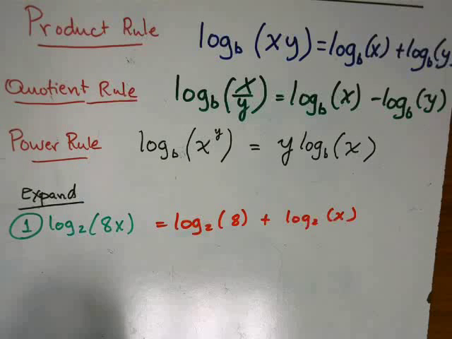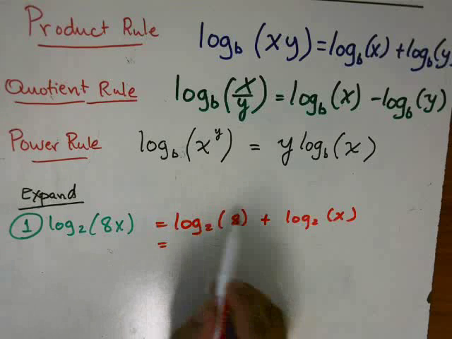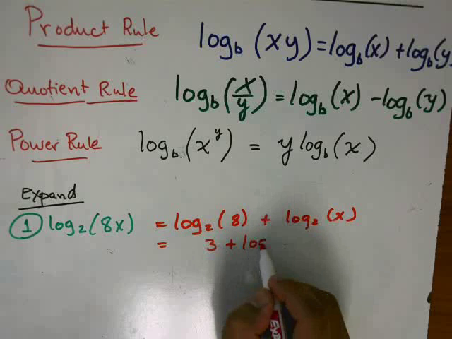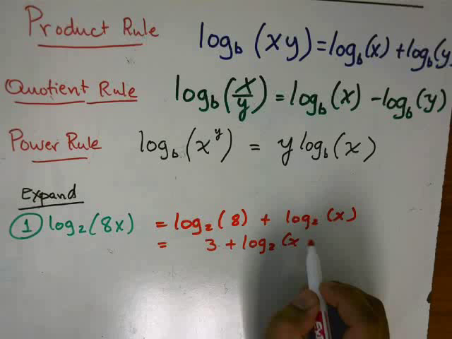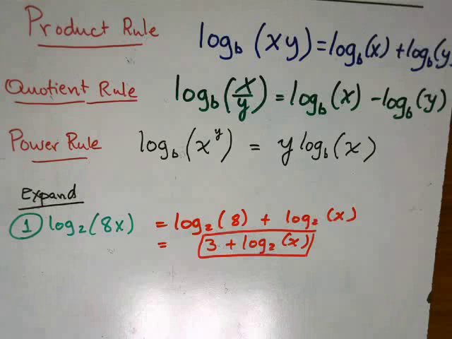And if you remember from earlier lessons, log base 2 of 8 is just a constant, so this comes out to 3 plus log base 2 of x. So I've expanded it and I've simplified it as far as it can go. Let's try another one.